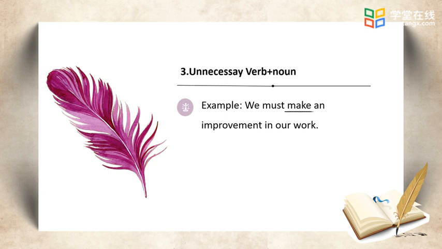Here, the verb make is a weak, colorless, all-purpose word having no very specific meaning, while the real action is expressed in the noun improvement. Since the verb contributes nothing to the sense, remove it. So we say we must improve our work.